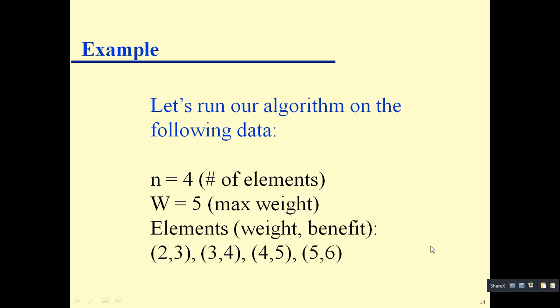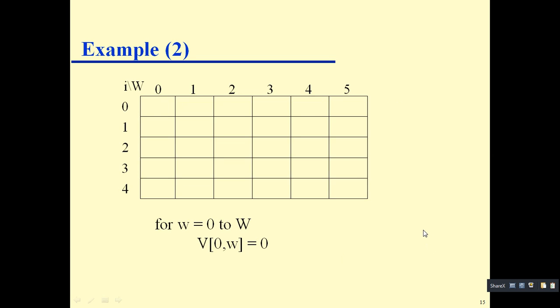Okay, so now let us solve this. We'll draw a matrix. There are 4 items, so you designate the rows as 0, 1, 2, 3, 4, and column-wise you check the capacity of your knapsack.